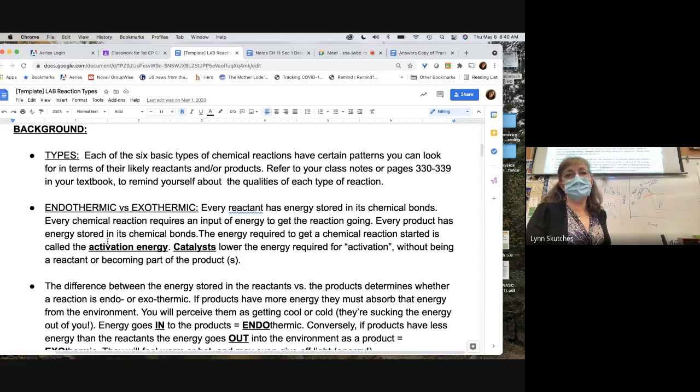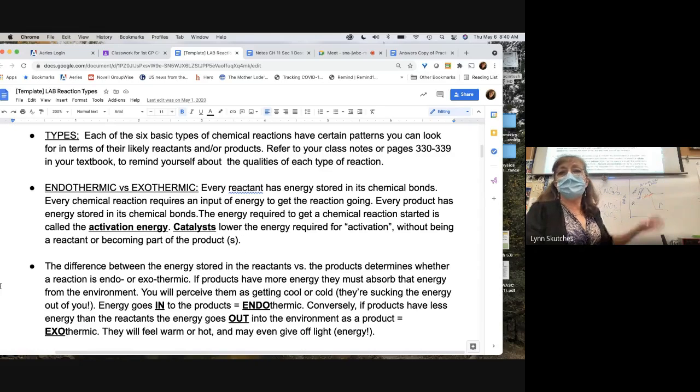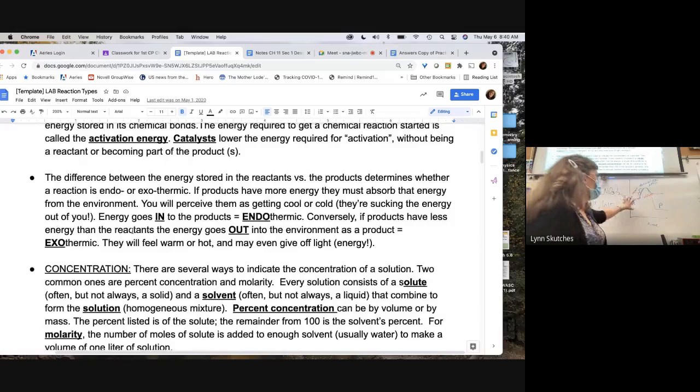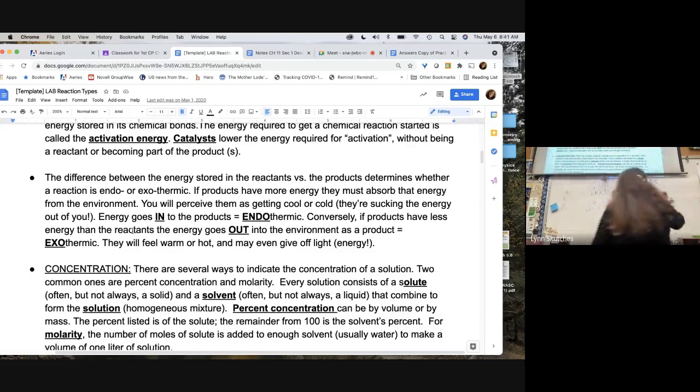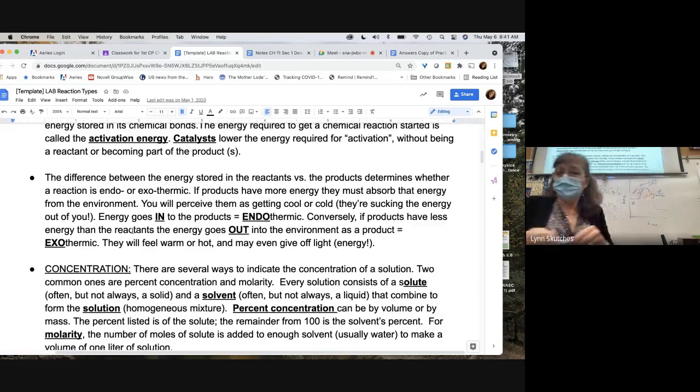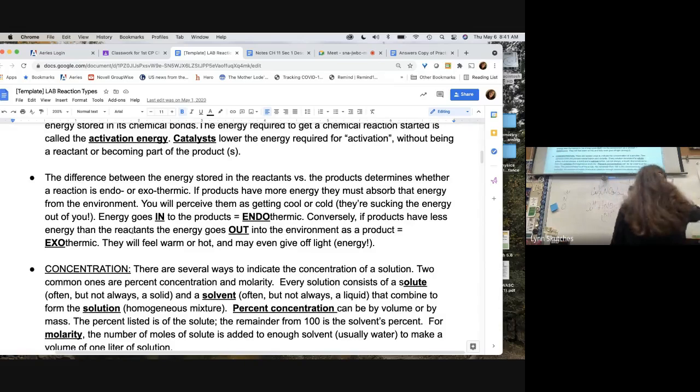And the difference in energy in the reactants versus the products is what determines whether it's exo or endothermic. So again, this would be endothermic because there's more energy in the products. So that has to take it in.